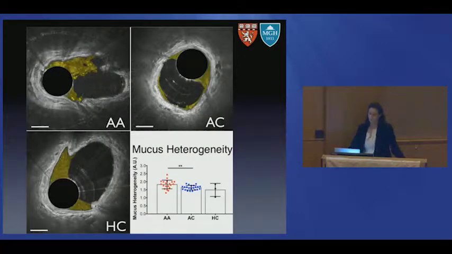When we looked at mucus heterogeneity, this was interesting, and we saw that there was a lot more stuff in the mucus of the allergic asthmatics compared to the allergic controls and the healthy controls. Whether that was cellular debris or something else, we're still unsure about.